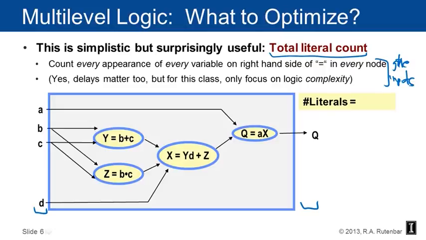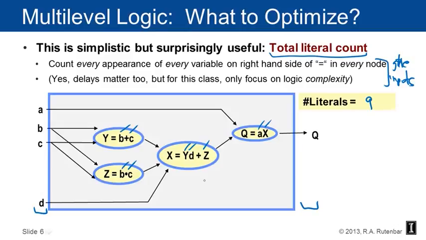And if we were to count literals very simply, look at every bubble, count everything on the right-hand side. 1, 2 in the Y node, 3, 4 in the Z node, 5, 6, 7 in the X node, 8, 9 in the Q node. The number of literals in this design is 9.